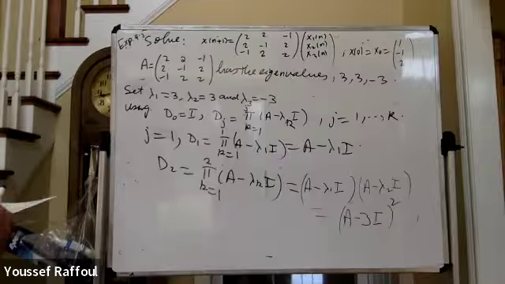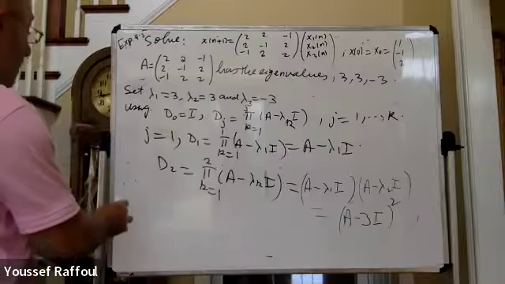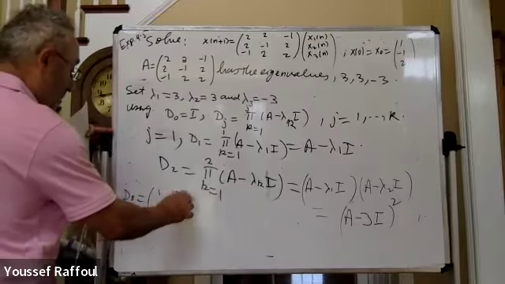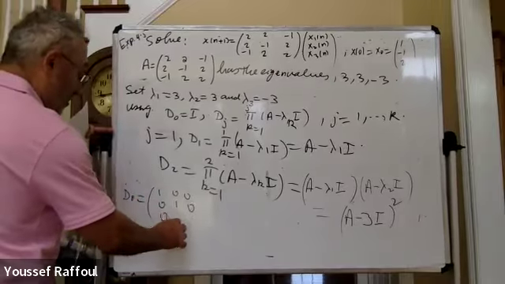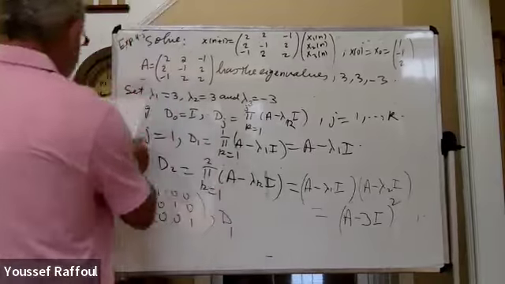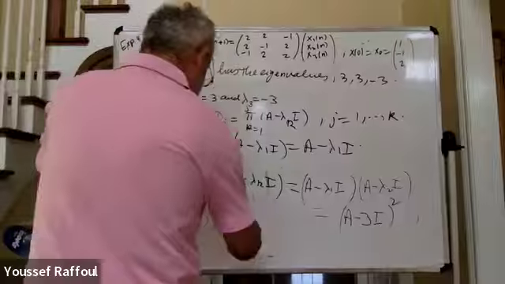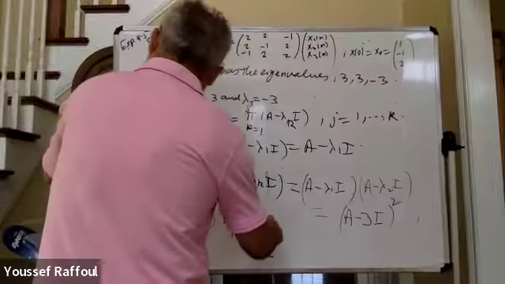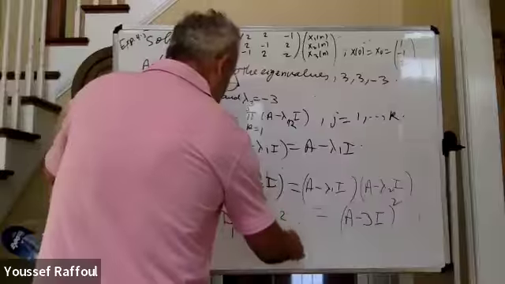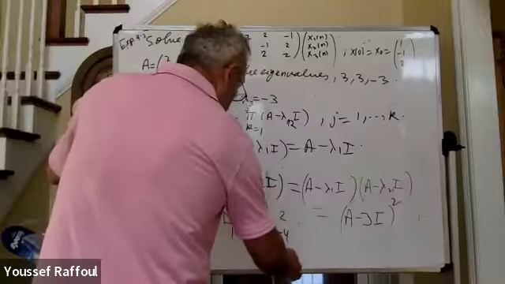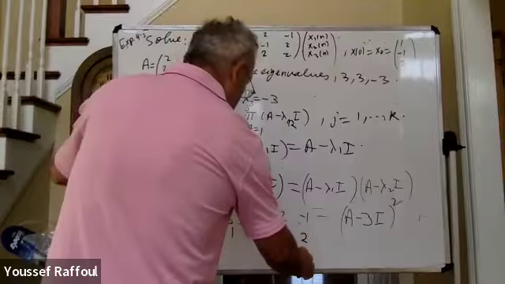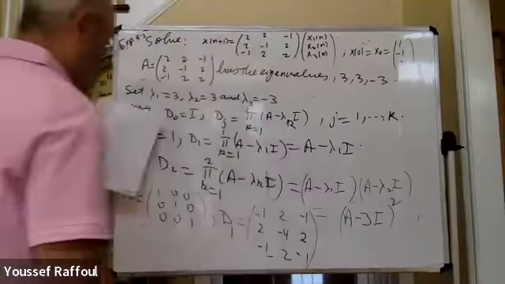I looked at it, so D0 is the matrix 1 0 0, 0 1 0, 0 0 1. And if you compute D1, you're going to get -1, 2, -1, 2, -4, 2, -1, 2, -1.